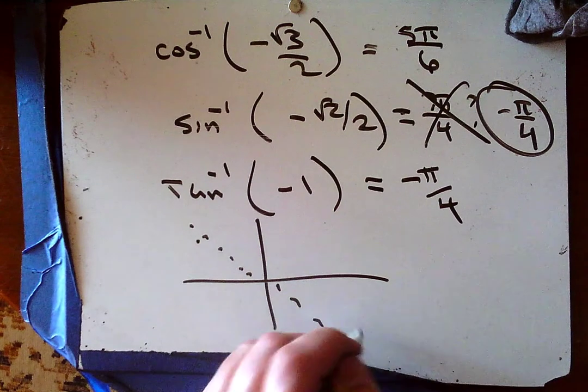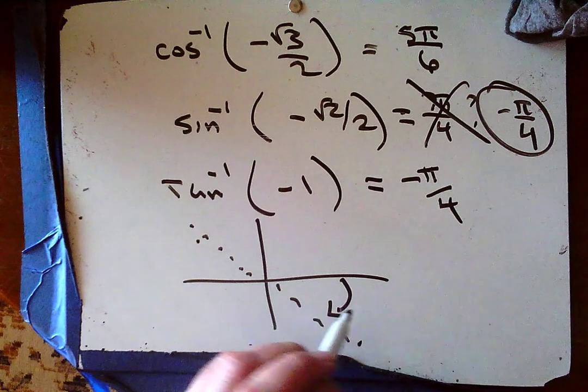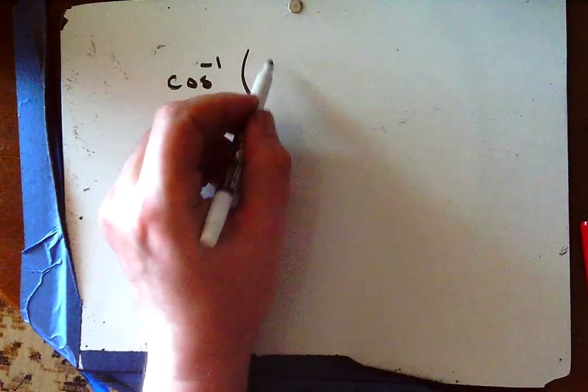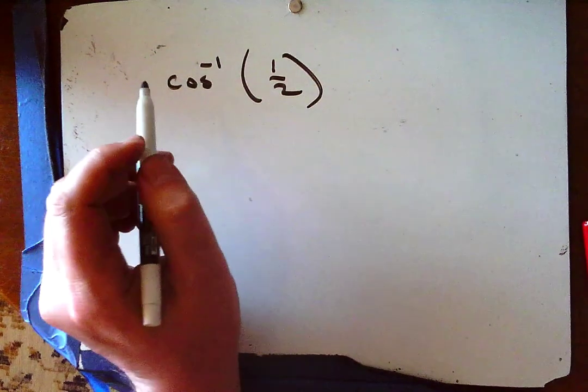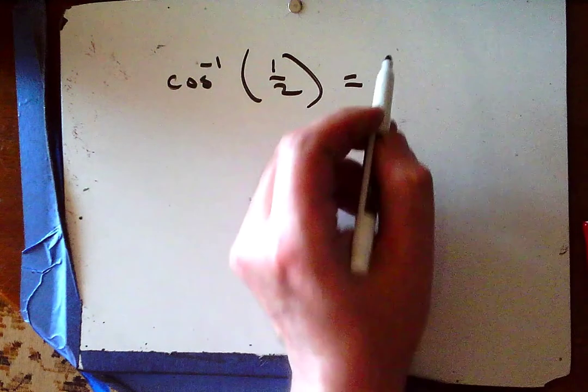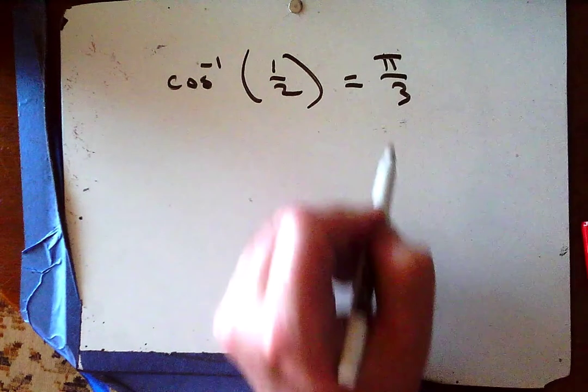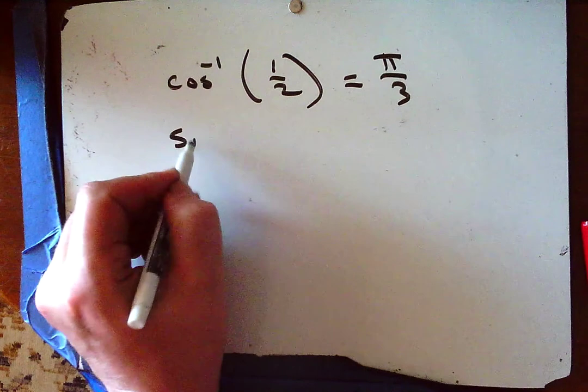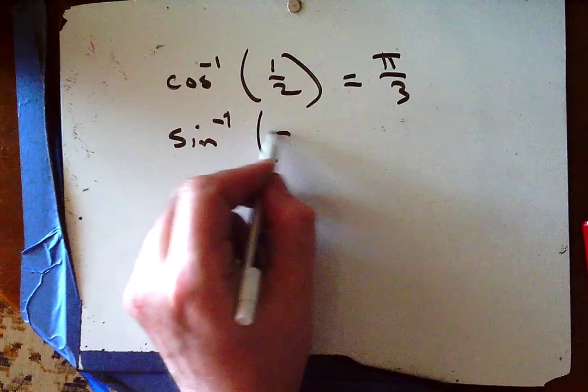This is in the restriction, and I can only get there by going this way. Okay, how about this one? Cosine inverse 1/2. 5, 4, 3, 2, 1. And that's going to be pi over 3. Sine inverse negative 1/2.